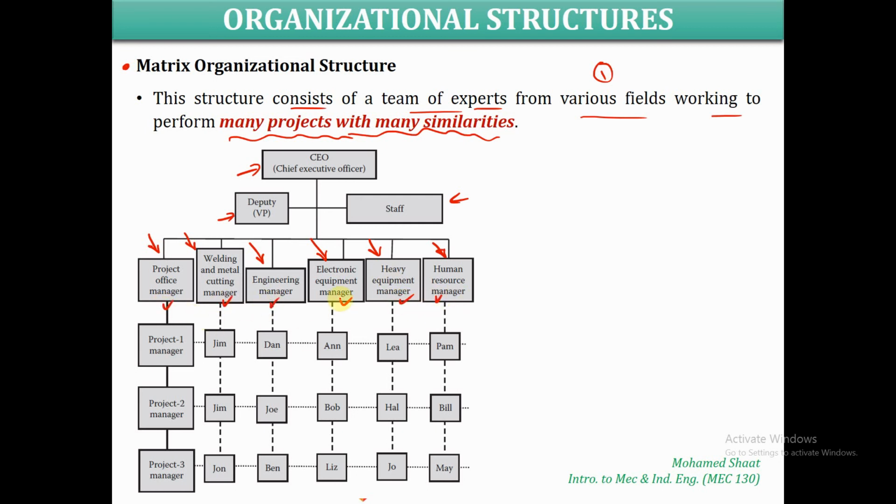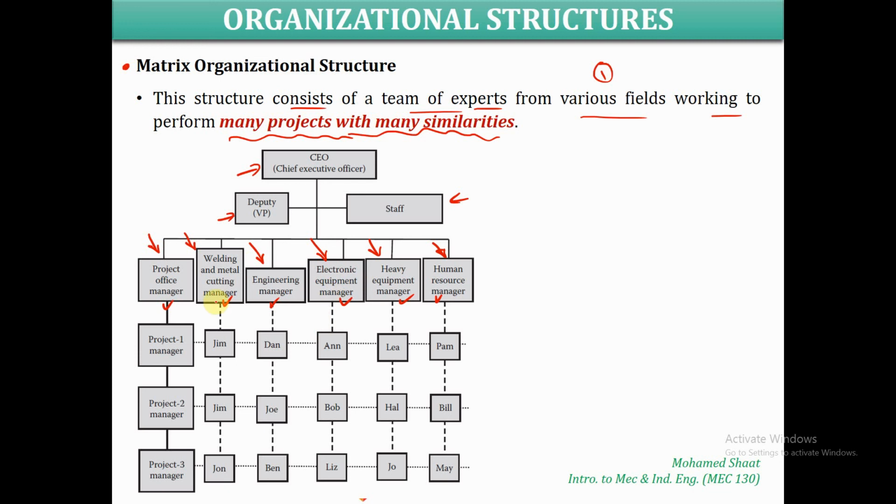And these managers are reporting to the CEO or to the VP, and in the meanwhile they are responsible for a crew who are working within the project office. We have another crew of technicians and engineers working with the welding and metal cutting office or the workshop, and we have the engineering manager with engineers of different backgrounds, and we have the electronic and equipment department, and so on.